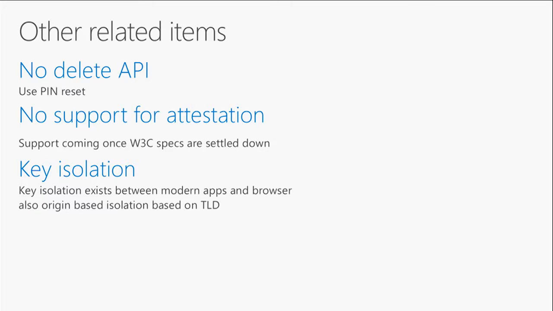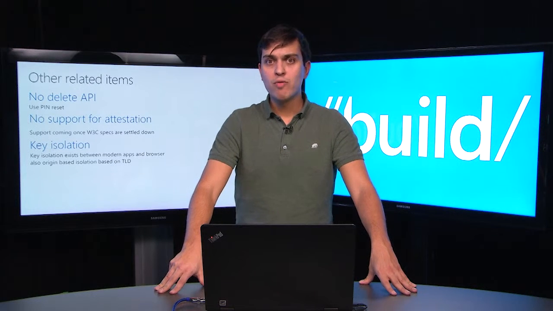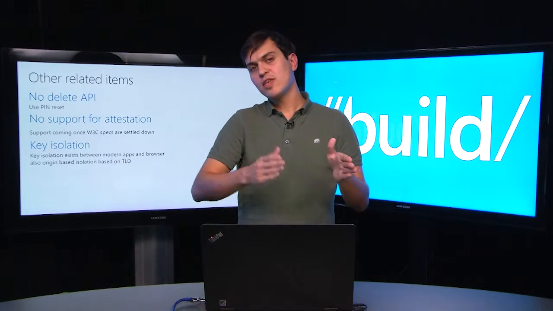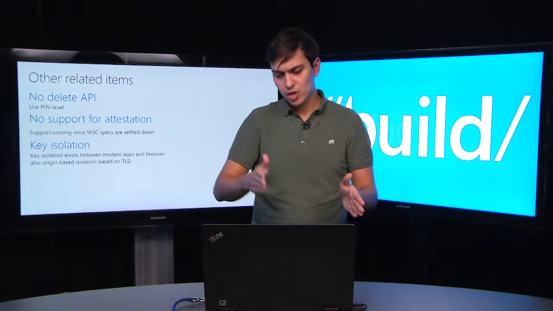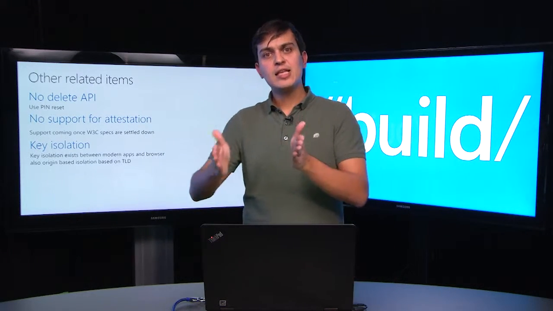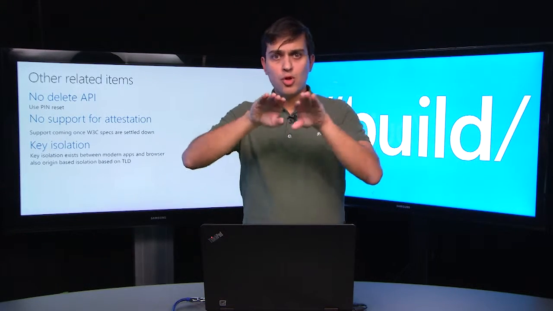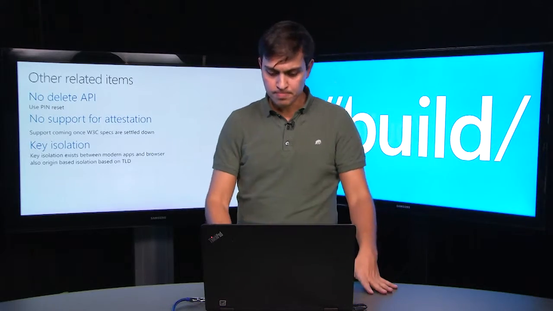We don't support TPM key attestation, which is a capability for TPM devices to prove to a backend server that the keys are protected by TPM hardware. In the current implementation, it's not supported, but in the upcoming ones, we will add that support. And in terms of key isolation, the current implementation isolates the keys generated in the app from the keys that are generated in the browser. And also within the browser, keys are separated based on their origin.